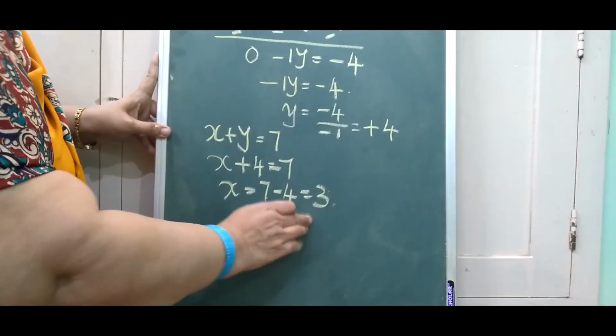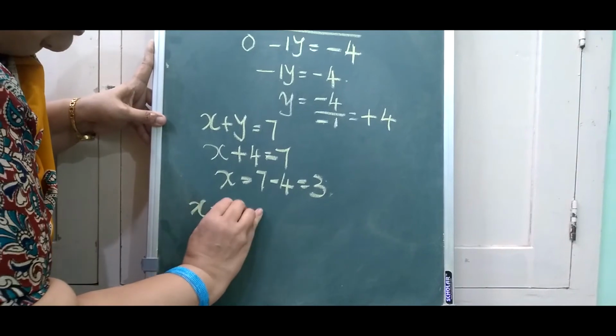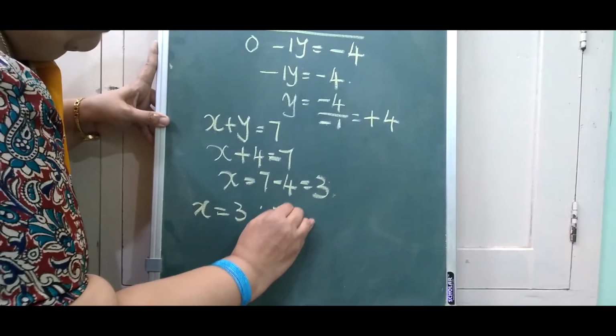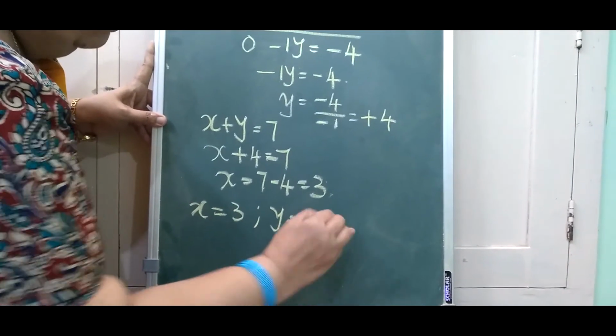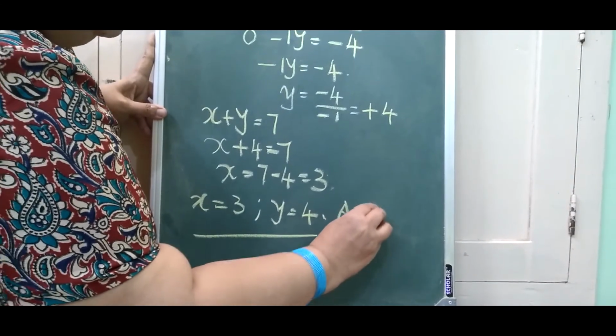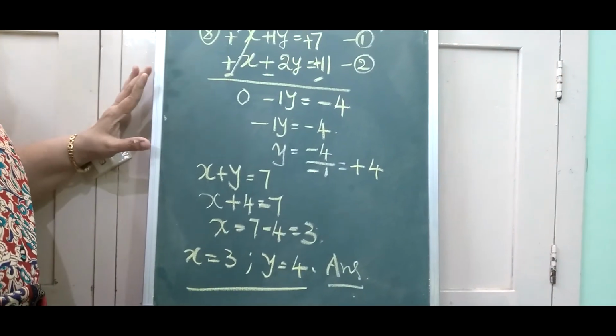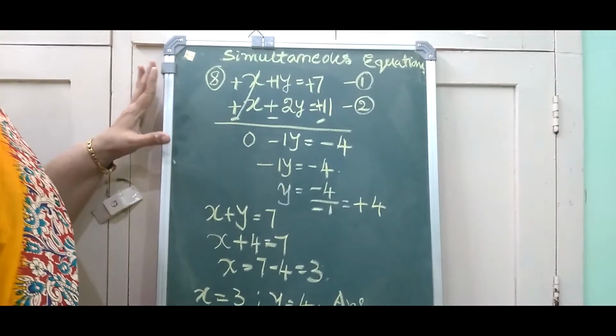So x is equal to 3 and y is equal to 4 is the answer here. X is equal to 3 and y is equal to 4 is the answer for this simultaneous equation. So this is how we find out the value of x and y when two variables are there.